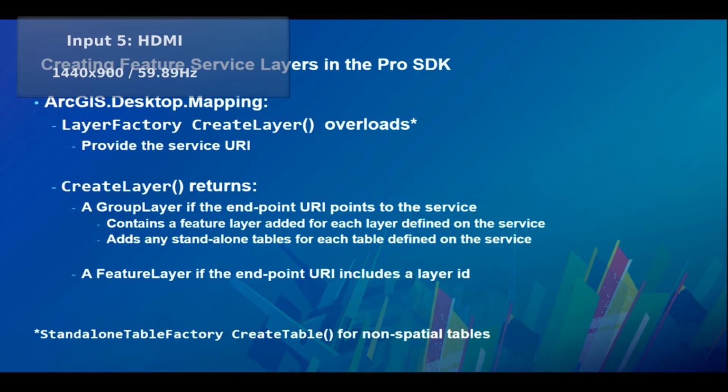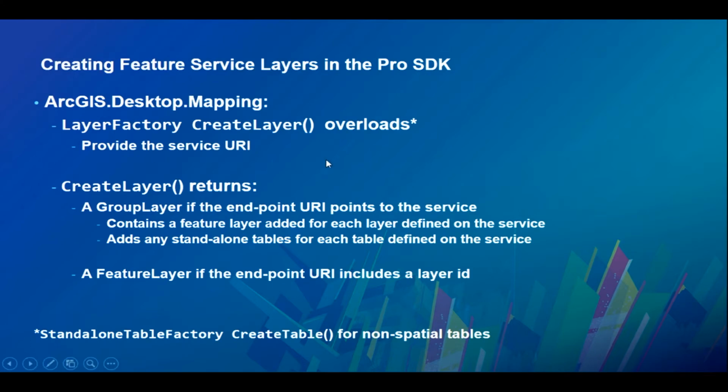Okay. So within the API, probably the primary method of creating a layer from a feature service will be through Layer Factory and its create layer overloads. Simply provide the service URI to the feature service, and you will get back one of two things.